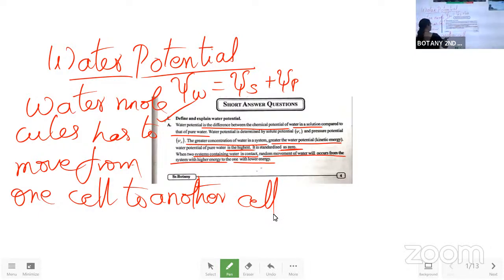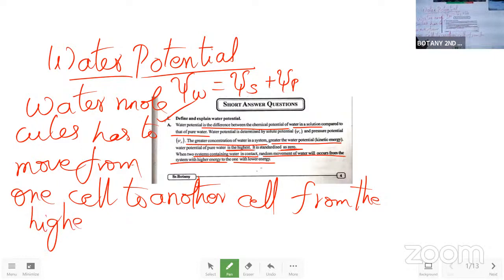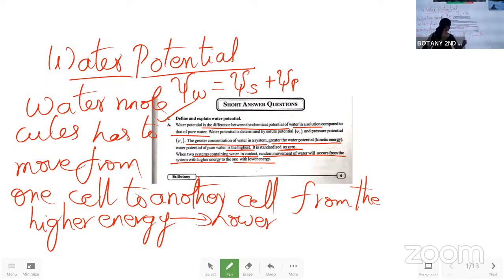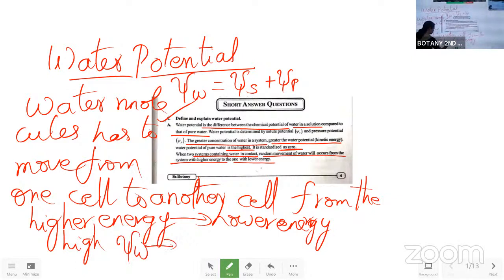From one cell to another cell, from the higher energy to lower energy, or in another way, from high water potential to low water potential.